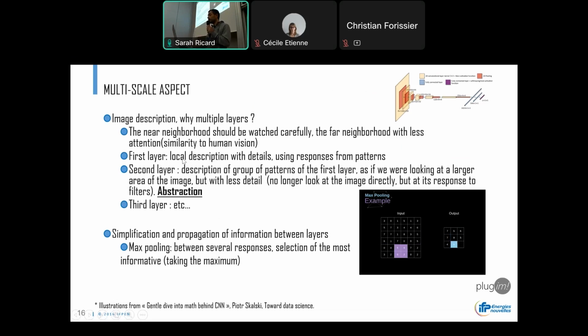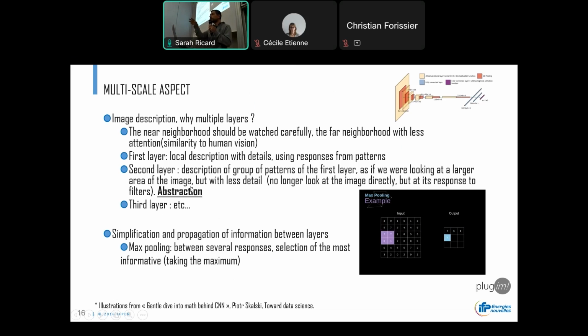So we have the description of a group of patterns of the first layer, and we look at a larger area with less detail. We don't look directly at the image, we look at the description of the image, and we also reduce the size. I will explain how at the end of this slide. And we make a description of the description. That is what we can call abstraction.